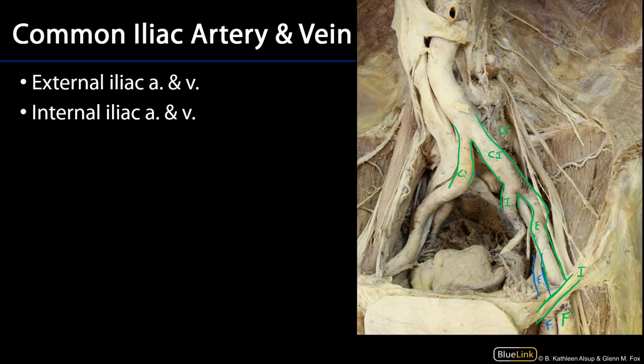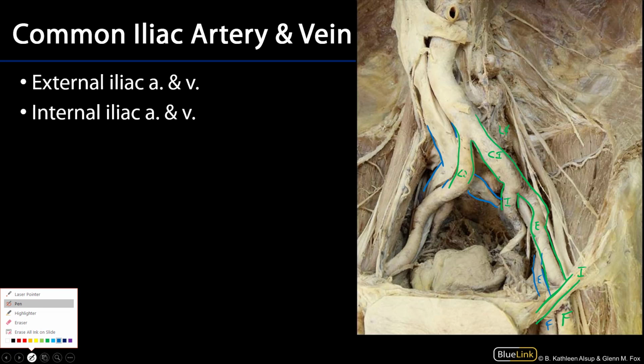So here you can actually see the common iliac, and the bifurcation of those vessels is obscured, but we can see there's the inferior vena cava, and we can see the beginning of the bifurcation into the common iliac veins, and those will bifurcate into external and internal iliac veins, following the same pattern that we've seen with the arteries, which is nice.